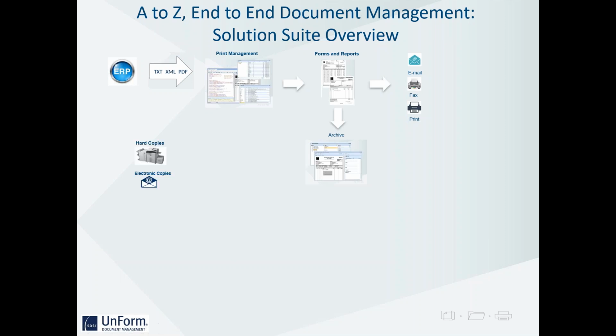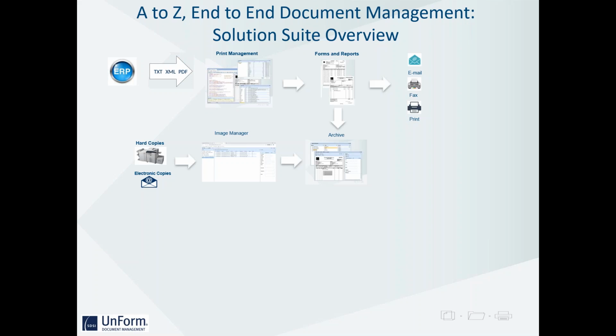The next way to get documents into the archive, whether they're hard copies or electronic copies, is with our image manager. And the image manager has a tremendous amount of flexibility and capability to help automate the import of the documents into the archive. If it's an electronic document already, you don't have to print it out and scan it.